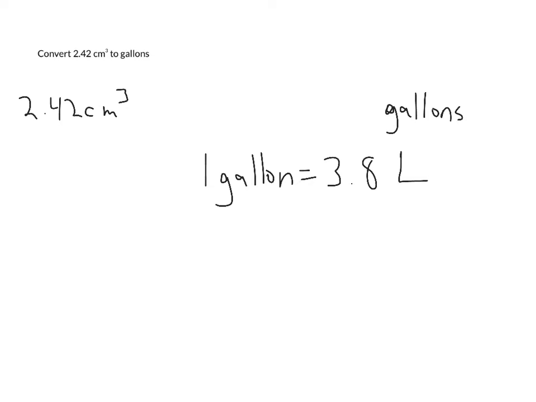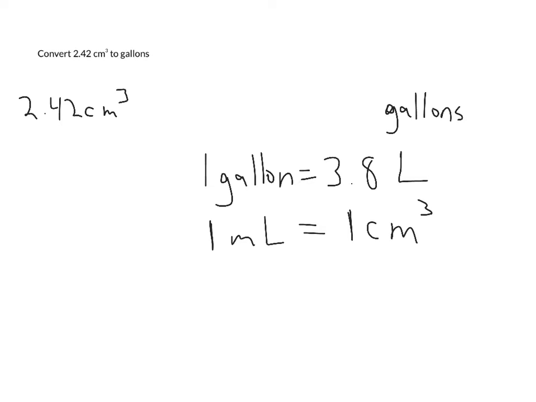So that will get us from standard measurement to metric. And then another equivalent that you have to know is 1 milliliter is equal to 1 centimeter cubed. Okay, they're equal to one another.